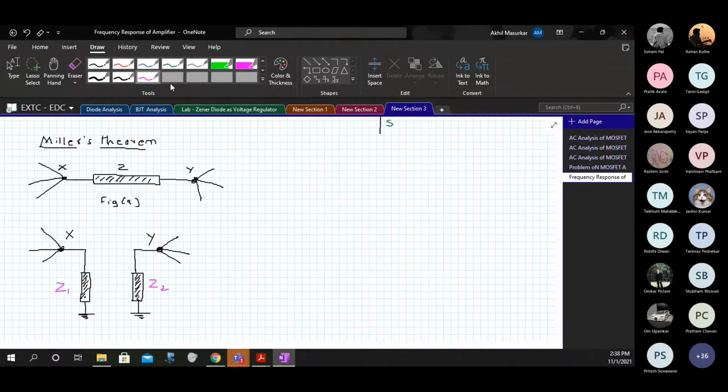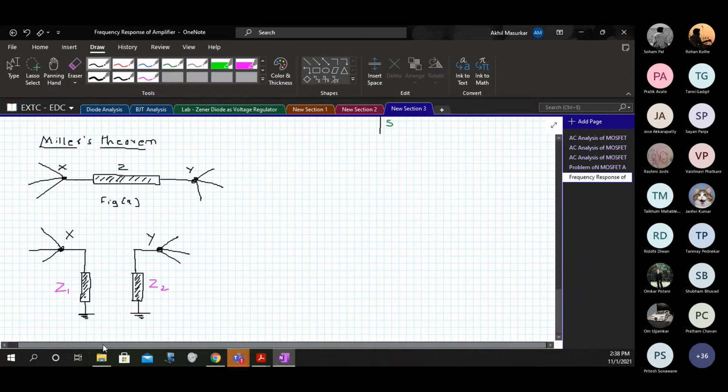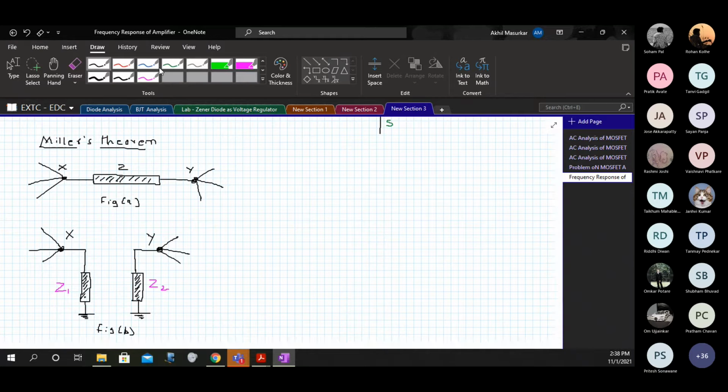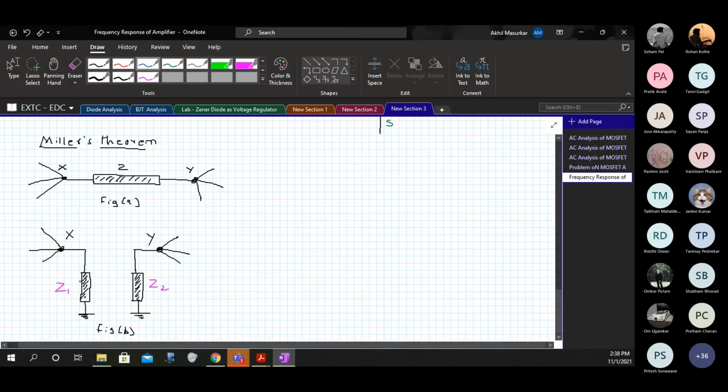Okay, so I'll call it figure B, provided Z1 and Z2 have some values. Okay, so Z1 can be equal to Z upon 1 minus AV, and Z2 can be equal to Z upon 1 minus 1 by AV.